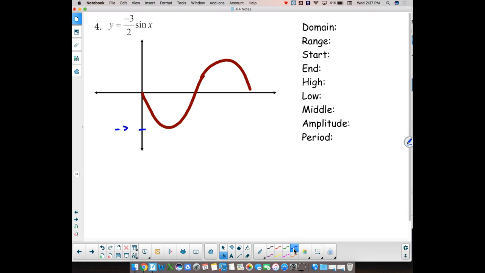Here it would be negative 3/2. Here it would be positive 3/2. Here it would be 0. Okay.